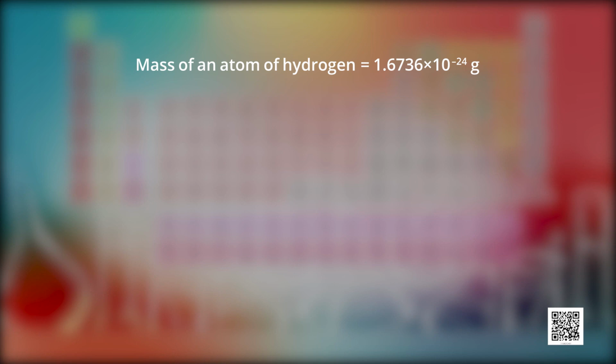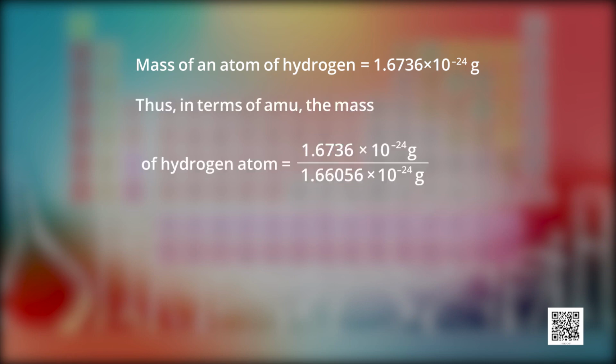We know that the mass of one atom of hydrogen is equal to 1.6736 × 10^-24 gram. And we know that 1 AMU is equal to 1.66056 × 10^-24 gram.